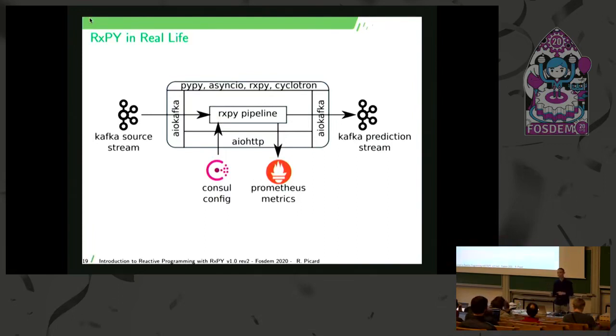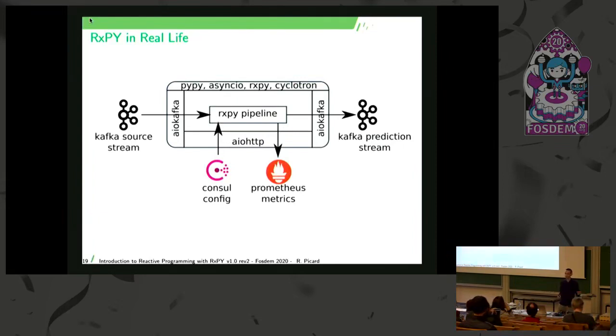We use RxPY for all the feature engineering and model execution. And we use another small framework that is called Cyclotron that is used to separate the I/Os from the data flow. So this is a case where everything works really well together because on our backend, we use Kafka as a source and destination of events.